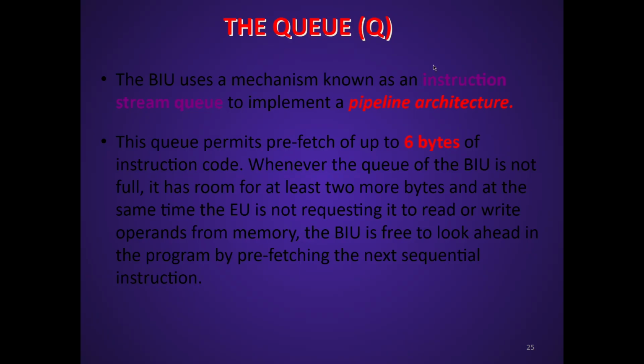So what is the queue? The queue prefetches 6 bytes of instruction code, and then the BIU uses it to run the sequential instructions one by one, in a proper linear format.